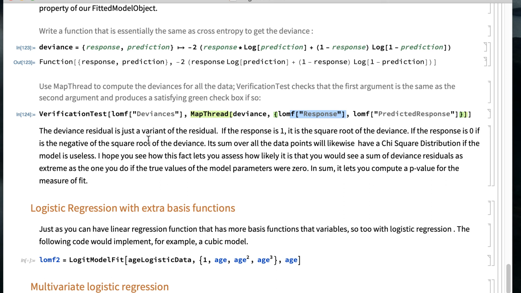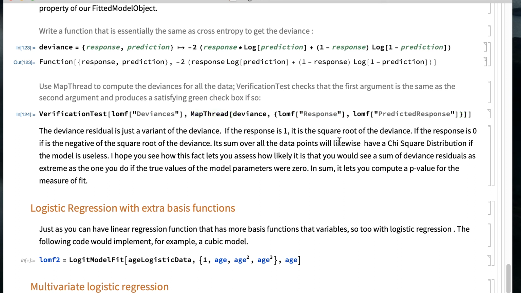The deviance residual is very closely related; it's a variant of the deviance. If the truth is 1, it's the square root of the deviance. If the response is 0, it's the negative of the square root of the deviance. And if you sum up all those deviances over all the data points, you should have a chi-square distribution if the model is useless.